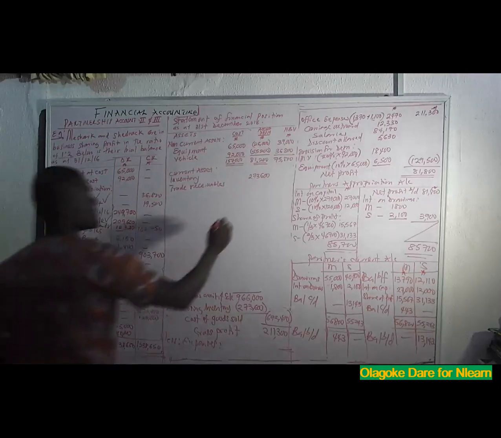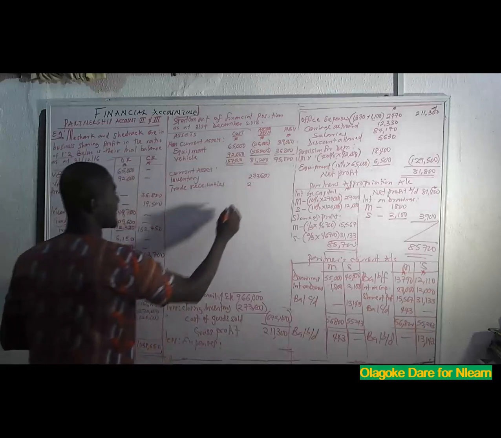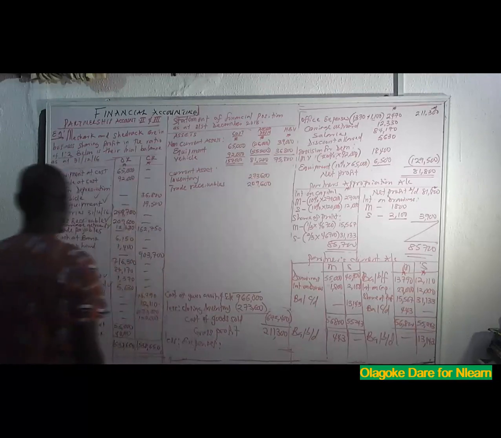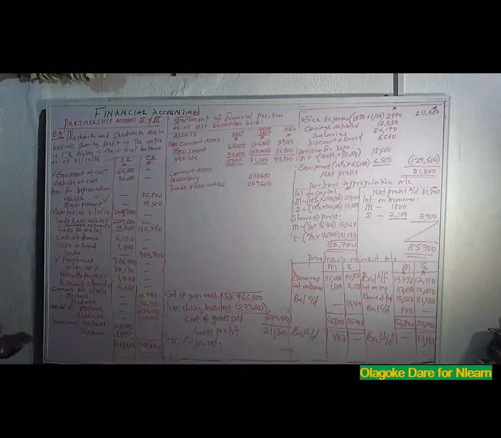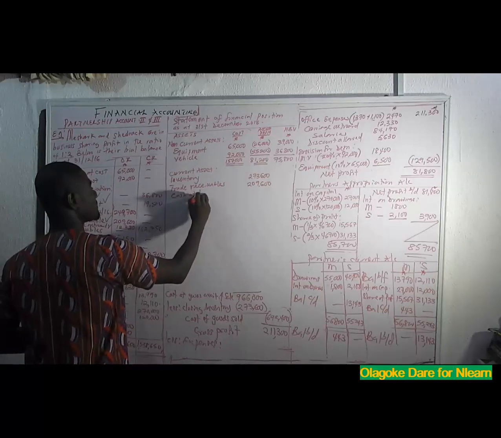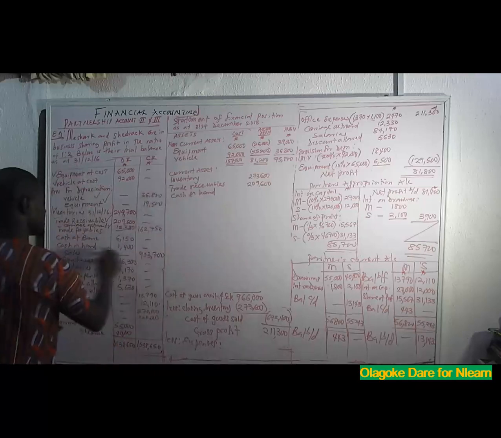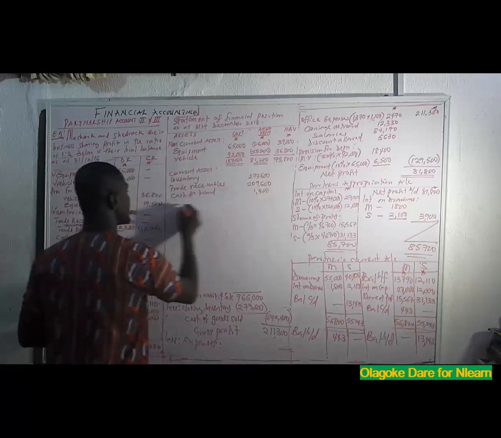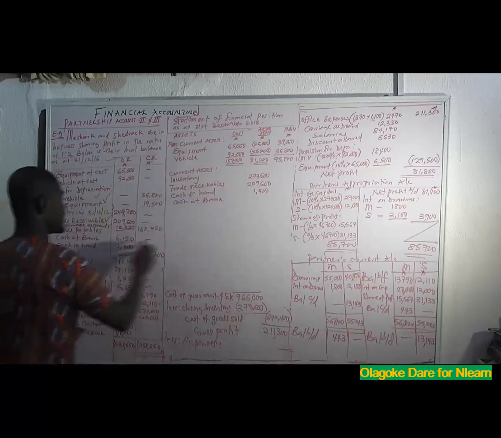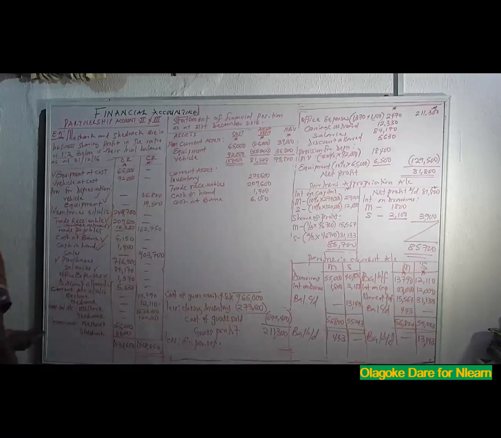I've picked my trade receivables now, which is 209,600. The next is my cash in hand, which is 1,400. My cash at bank is 6,150. So I pick this, I pick that.